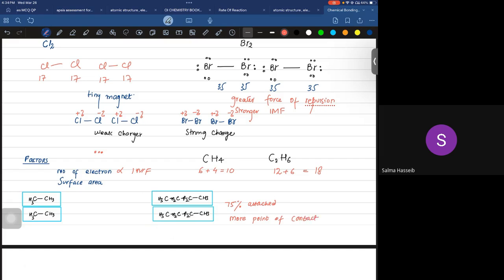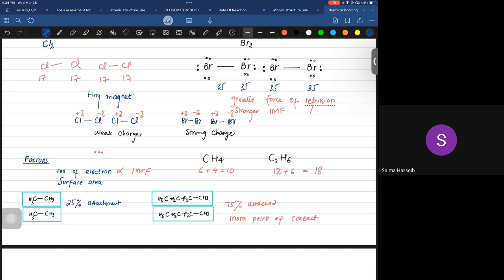And if you can see this example, you can see 25% attachment, because the surface area is lower.